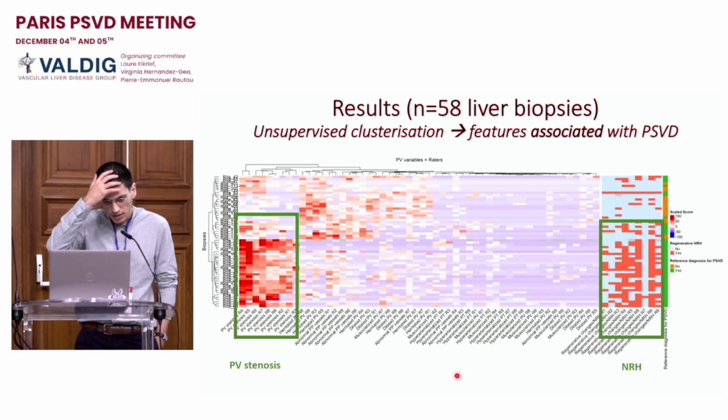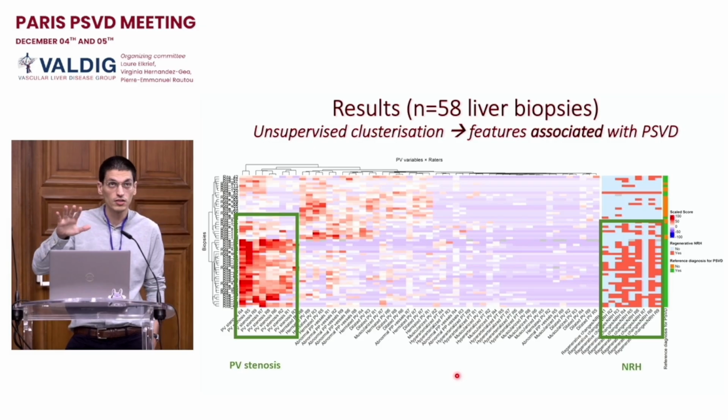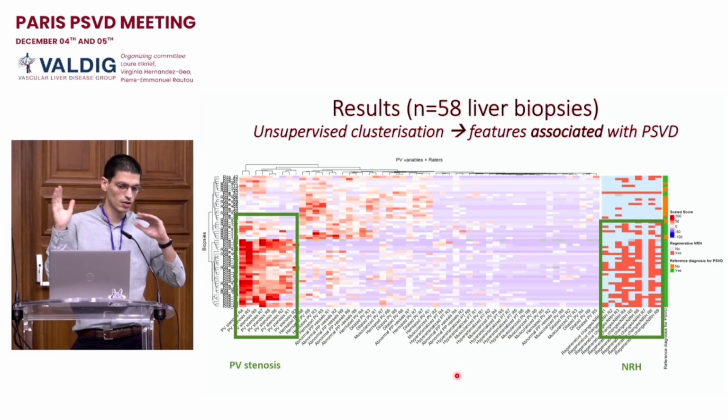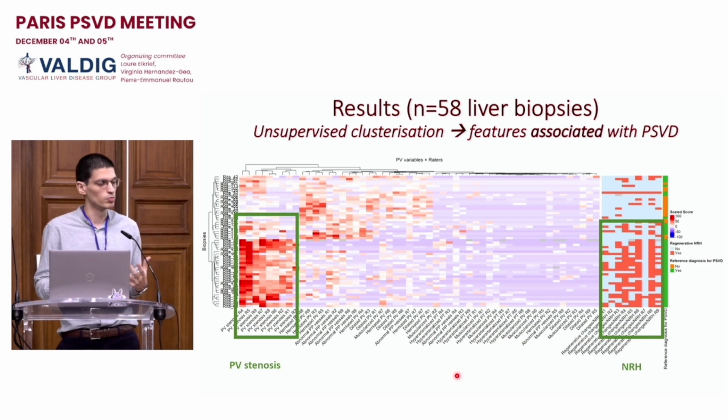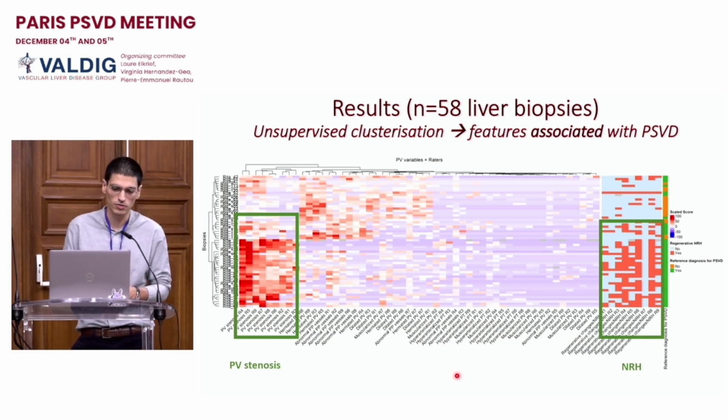What you see is that for PV stenosis, even without any supervision, they cluster all together. The more red the box, the higher the PV stenosis in this case. So they cluster alone, and it's very well correlated with the PSVD diagnosis. So it could be a main feature of PSVD.